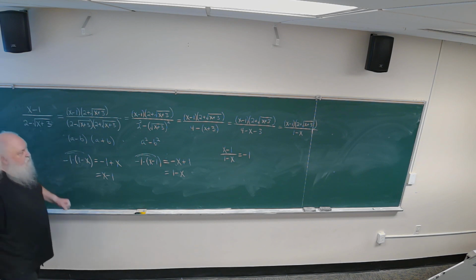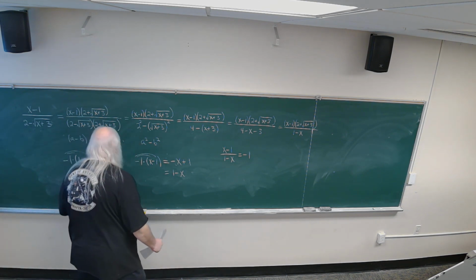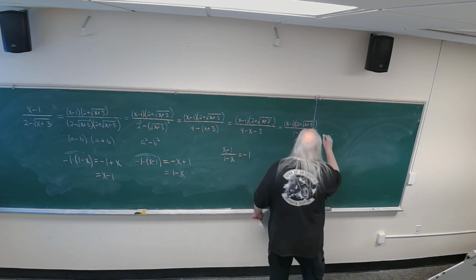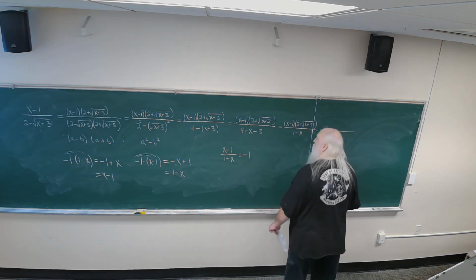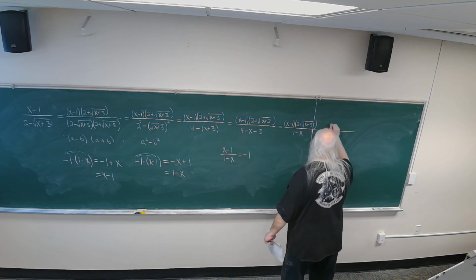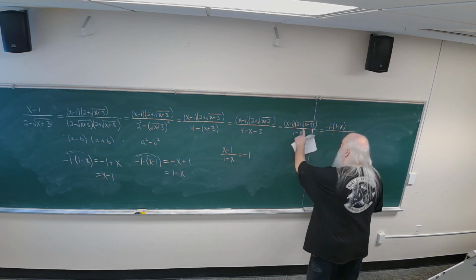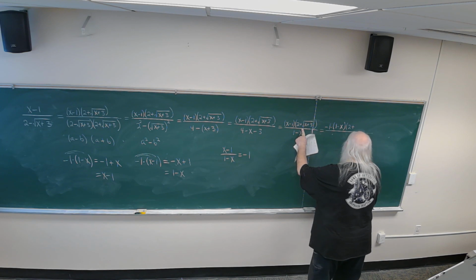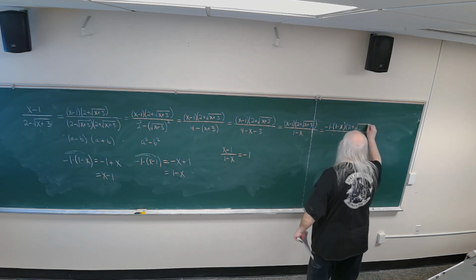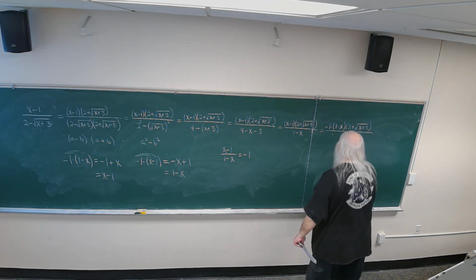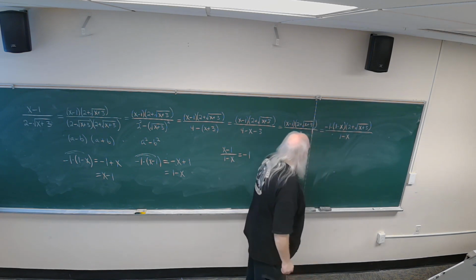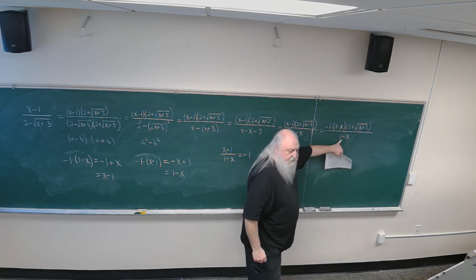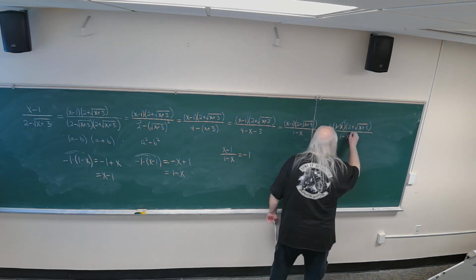So x minus 1 can be written as minus 1 times 1 minus x, and then we multiply that by 2 plus the square root of x plus 3 over 1 minus x. And now you can see the 1 minus x cancels.